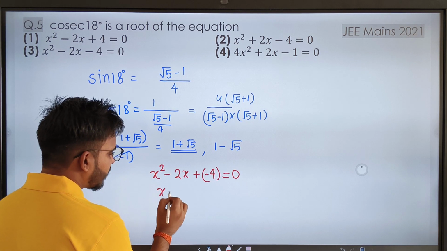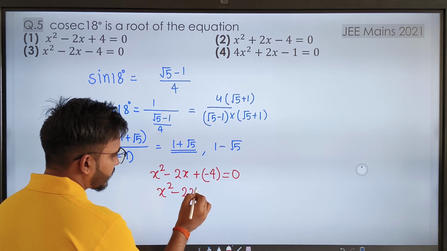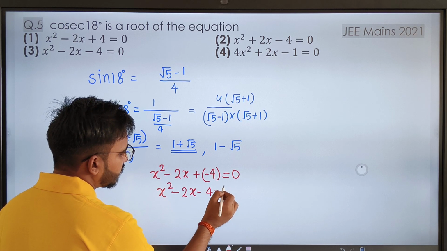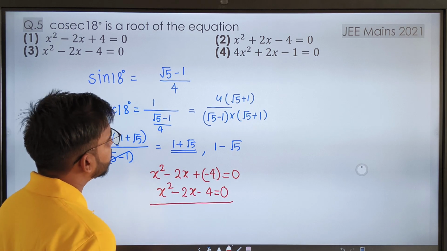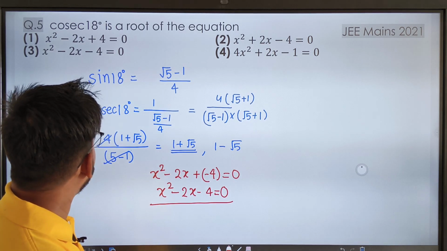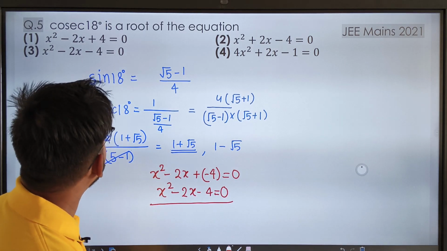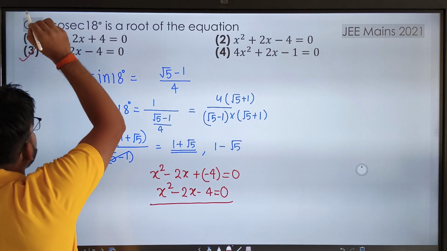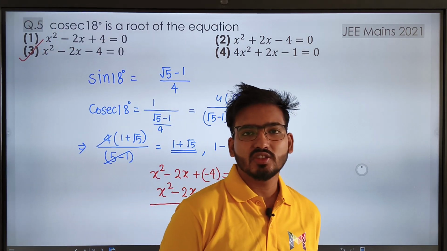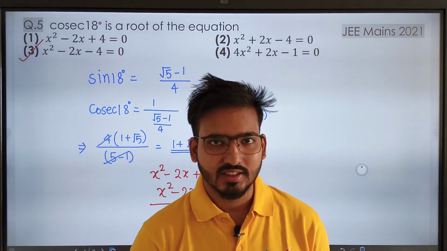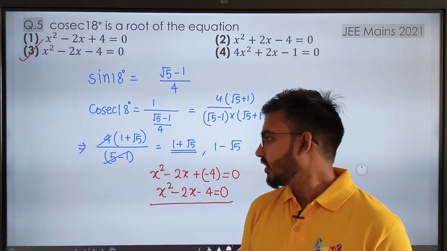So our answer is x square minus 2x minus 4 equals to 0. Which option has x square minus 2x minus 4 equals to 0? That is option number 3. So option number 3 is the correct answer. Is that clear? Okay.